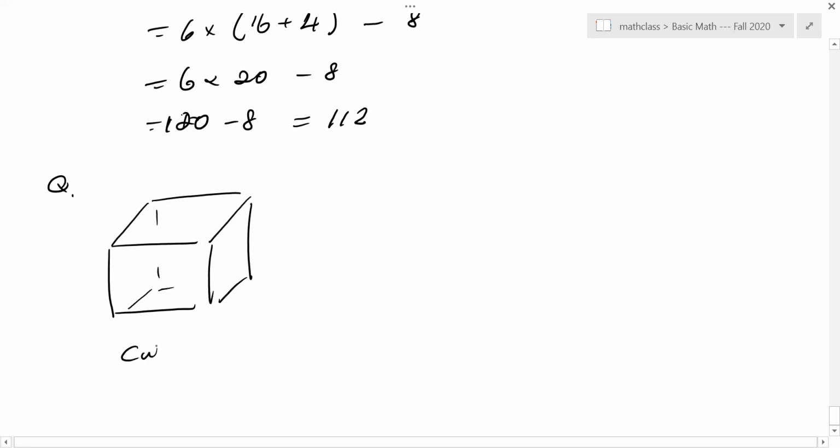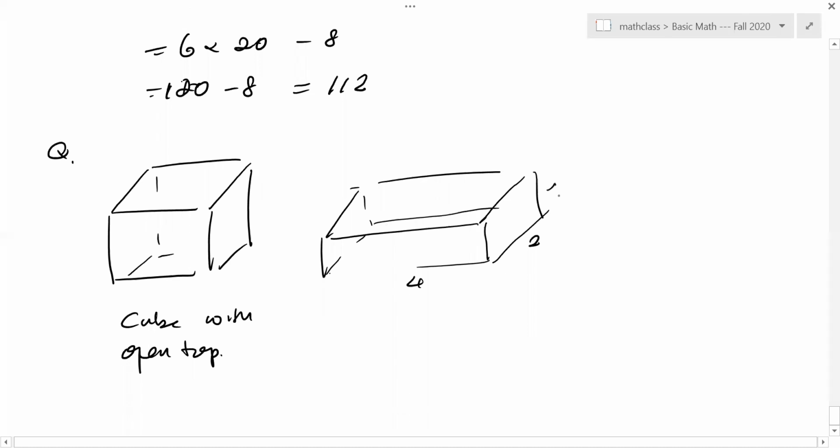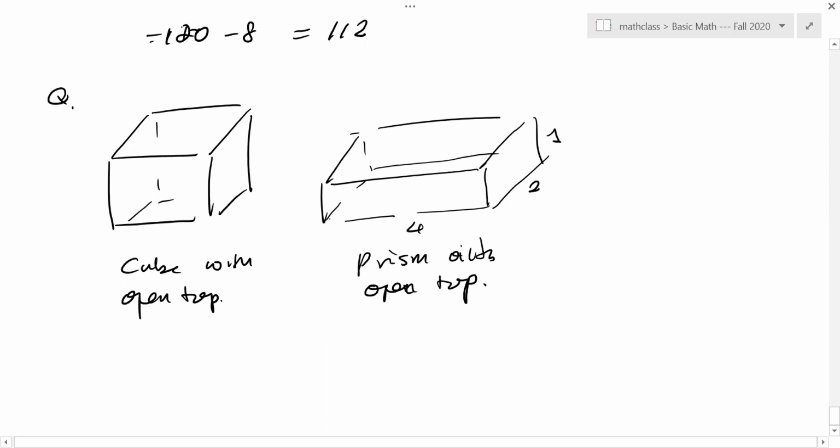And then I also have this, the 4, 2, box. Okay, this one is also a prism with an open top. Assume that they have the same volume.